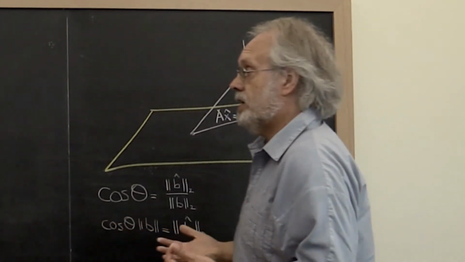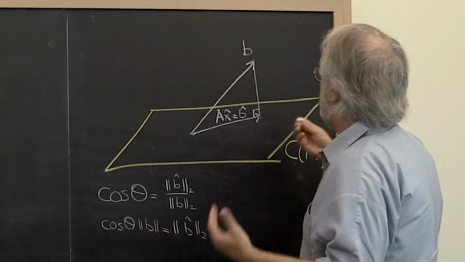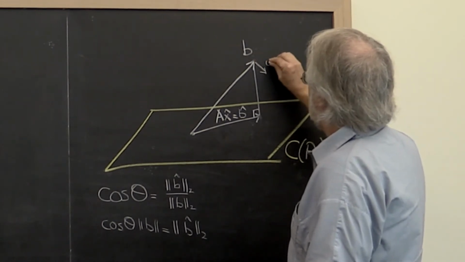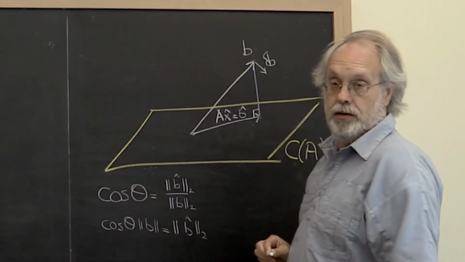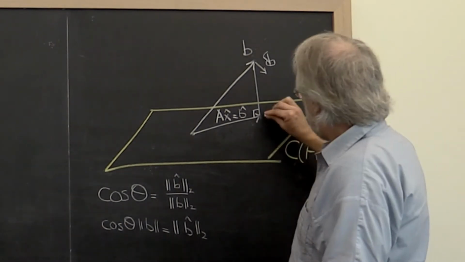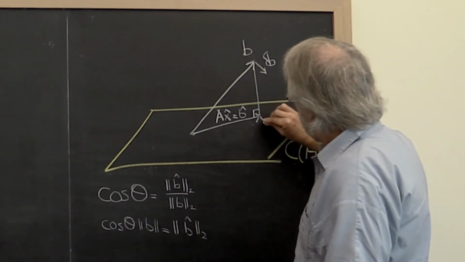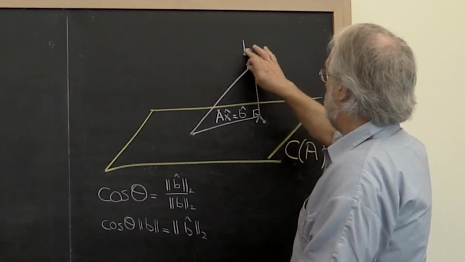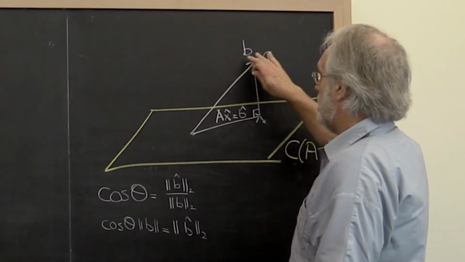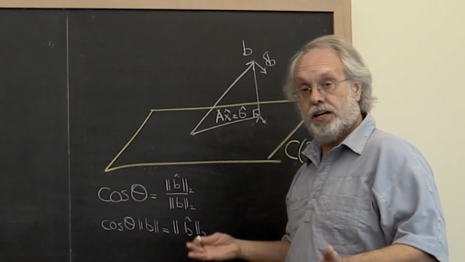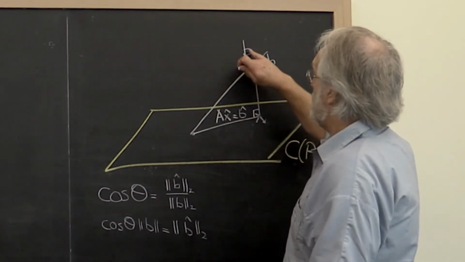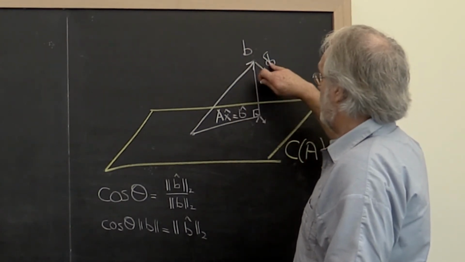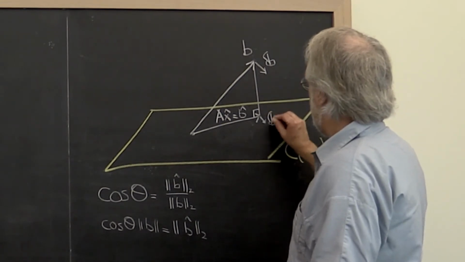What happens if we make a small perturbation? What happens if we change it slightly? Then we end up adding a small change to b. And that means there is also a small change in the projection of b plus delta b. But because projection is multiplication by the projection matrix, we can look at the projection of b, which is b hat, and the projection of delta b, let's call it delta b hat.